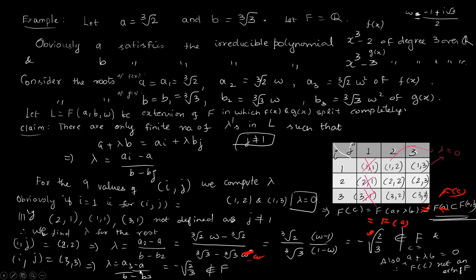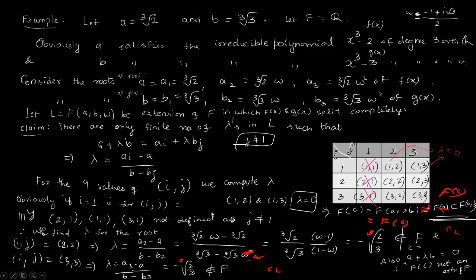Even in that case, with omega square minus 1 and 1 minus omega square, cancelling that, you get lambda to be cube root of 2 by 3. Again, that does not belong to F, it belongs only to L.